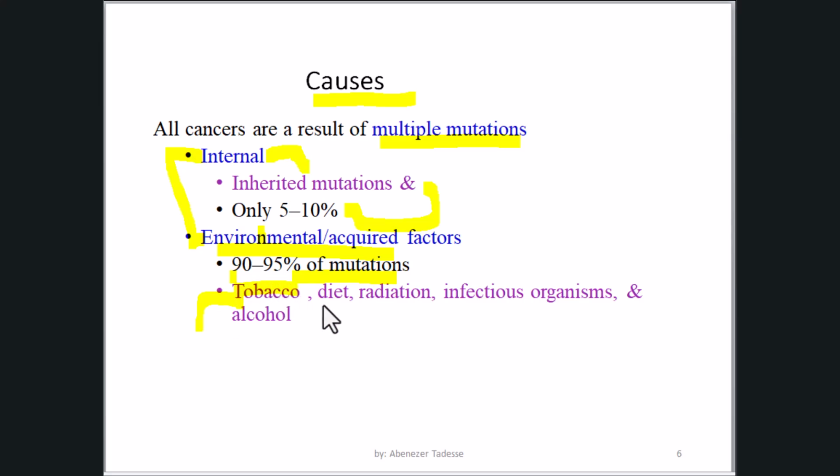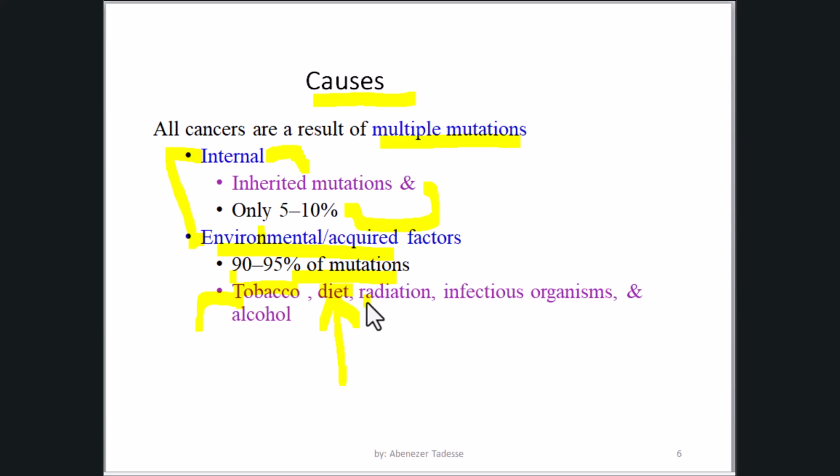The other one is diet, especially highly processed meats, fabricated food products, as well as low dietary fiber, and consuming high fat foods can predispose to cancer or increase the likelihood of developing cancer.